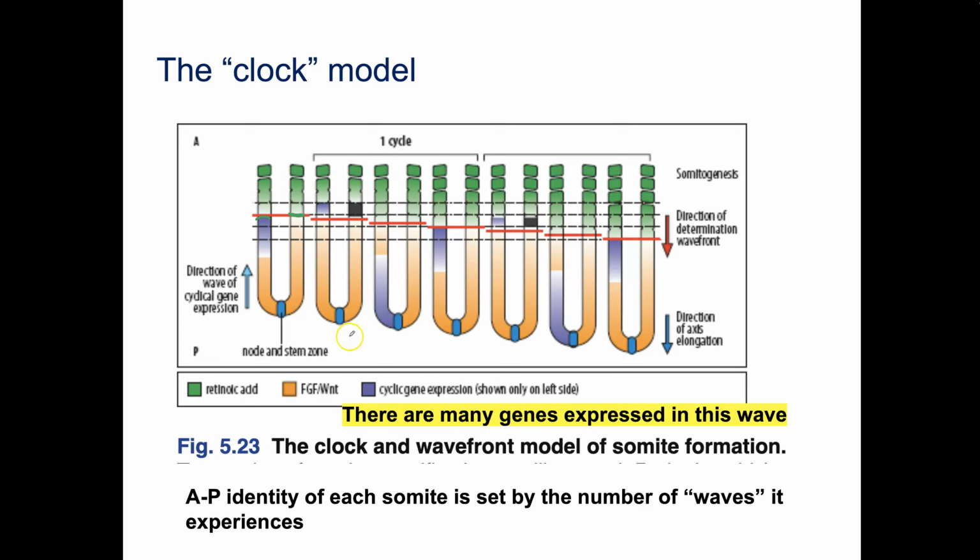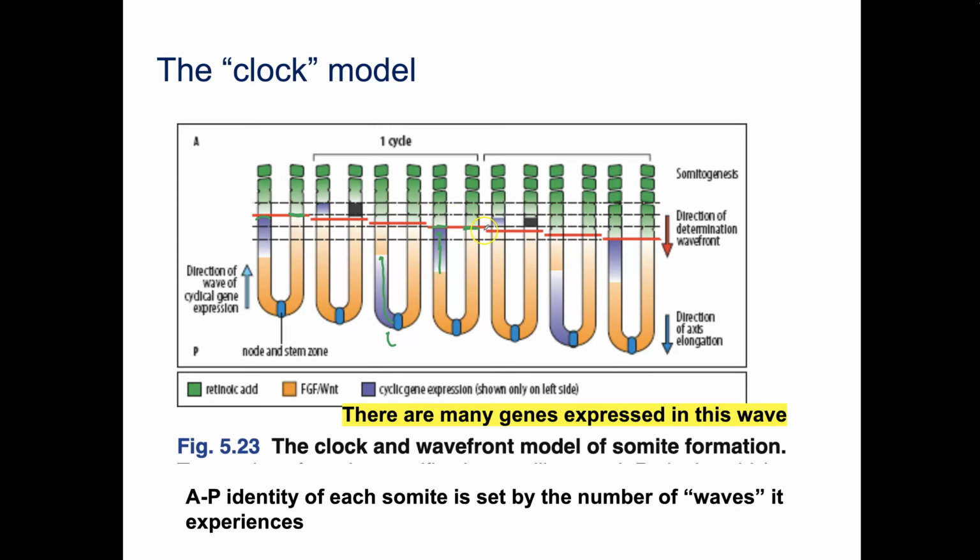Okay. So that forms, right? And then a new set of gene expression starts at the node, and it just waves up. It's transmitted from cell to cell, and it moves towards the anterior, and then the furthest that it reaches is now coincident with the low level of the FGF gradient.